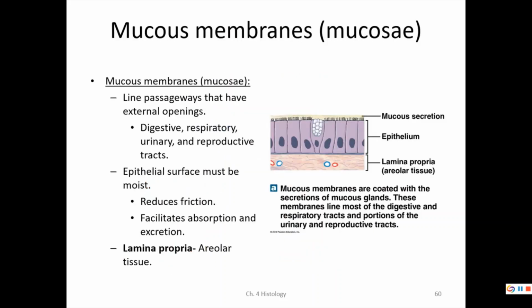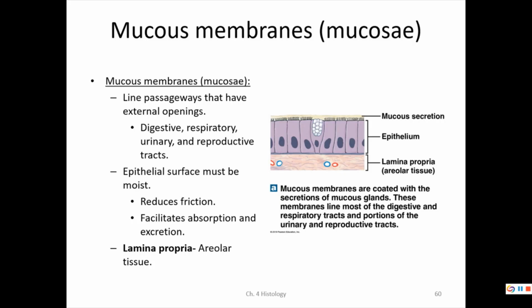And the first one's a mucous membrane. Now, mucous membranes are going to be associated to anything that's open to the outside world, like your sinus cavities. Your nasal cavity, that's got a mucous membrane called a mucosa. Your digestive tract, respiratory tract, urinary tract, reproductive tract. These are all exposed some way to the outside world.